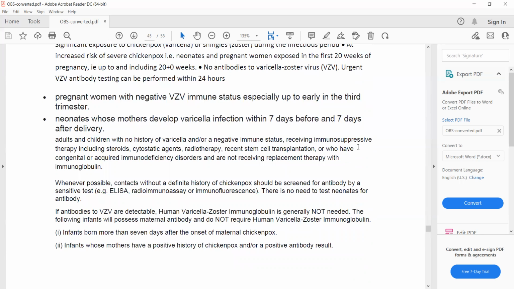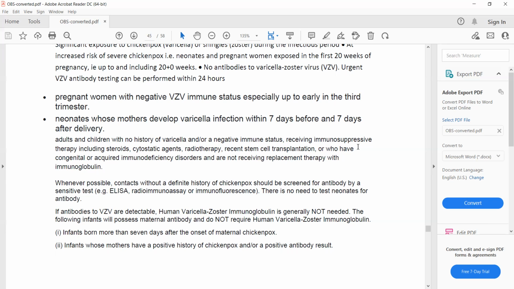So one indication for varicella zoster immunoglobulins is pregnancy, a pregnant woman less than 20 weeks of gestation. The other indication is a neonate who is exposed to chickenpox. And what is the exposure period for a neonate?